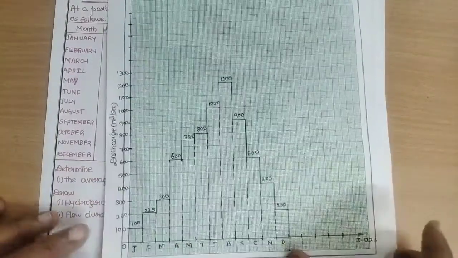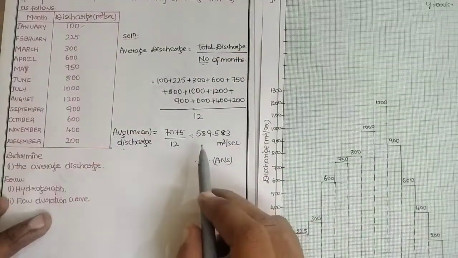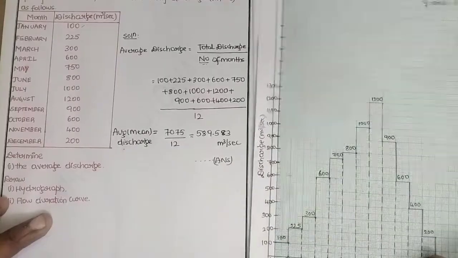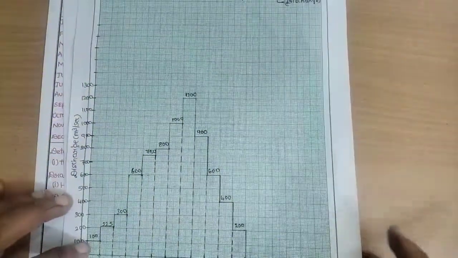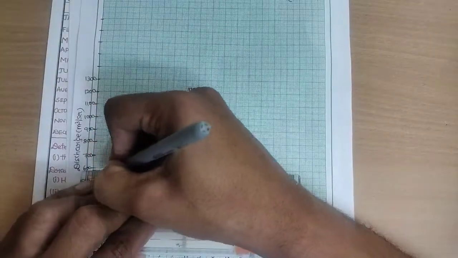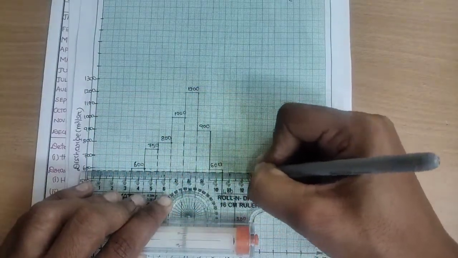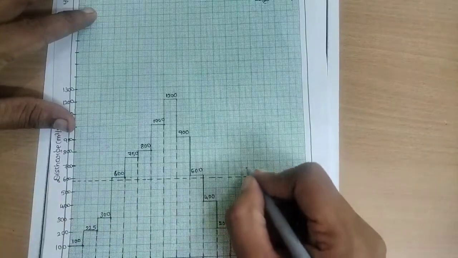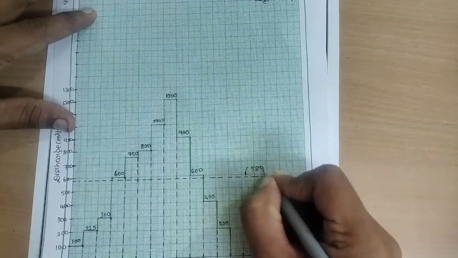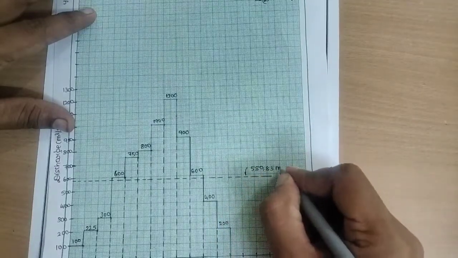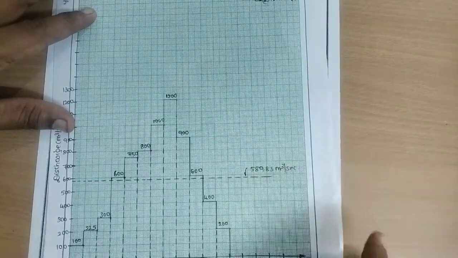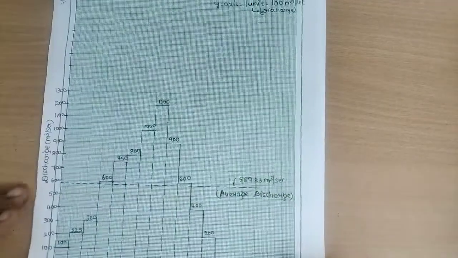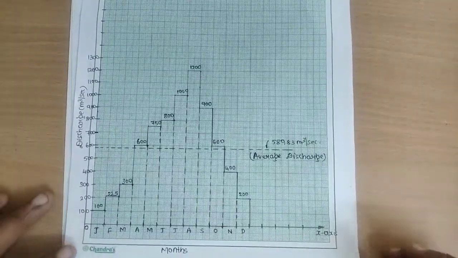Now let us show the one more value, that is what we have calculated. It is 589.583, the average discharge or the mean discharge. Let us show that value along the graph. This is the plot of average discharge or mean discharge with the value 589.583 meter cube per second. This completes the construction of hydrograph.